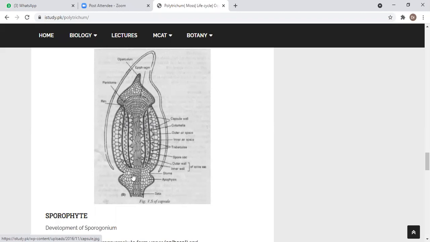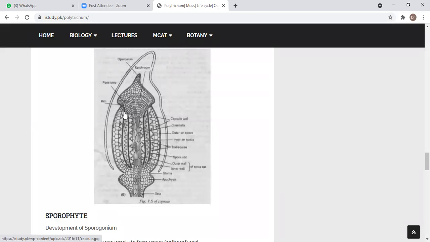These archisporial mother cells undergo meiotic division and form the spores. So the theca region is considered the most important or fertile part of the capsule, useful for producing the spores.